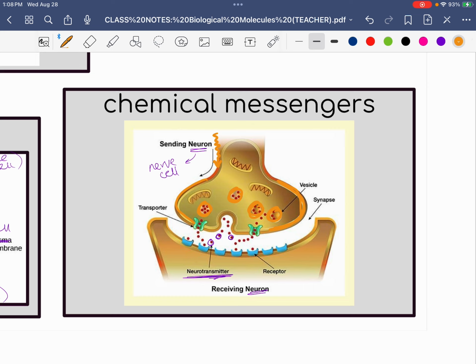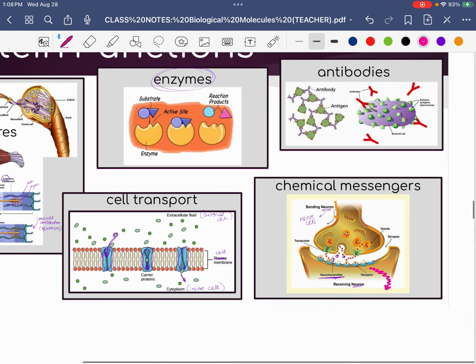When that electrical signal reaches the end of the neuron, those vesicles join up with the cell membrane and release their neurotransmitter into this space here, and the neurotransmitter goes across and sticks onto the next neuron, the receiving neuron. Now that all of these neurotransmitters are stuck onto these receivers, this will start another electrical signal down to the next nerve cell. So these are protein chemical messengers.